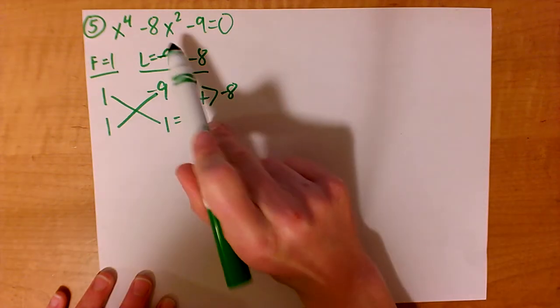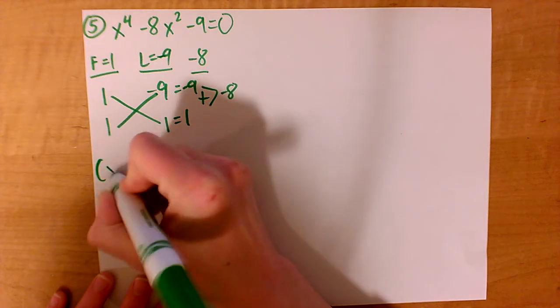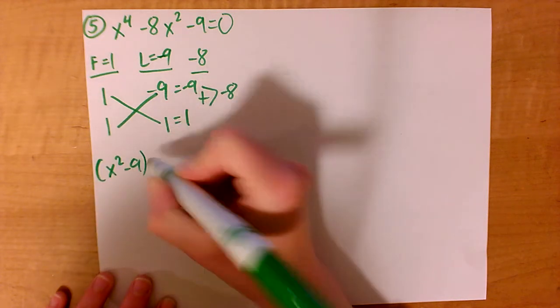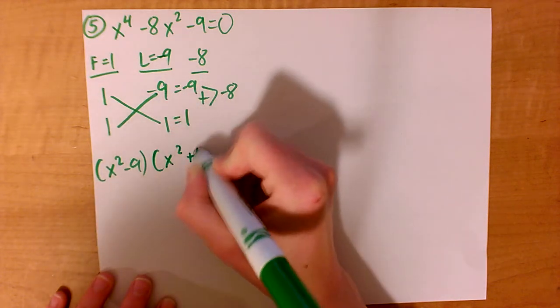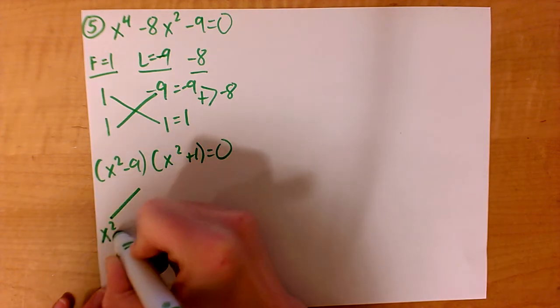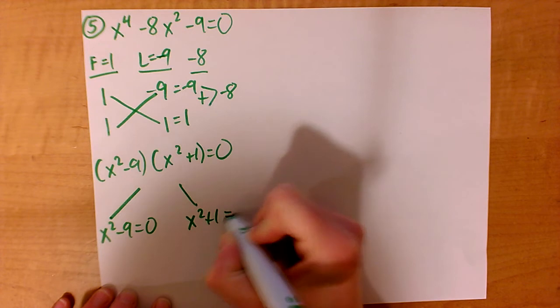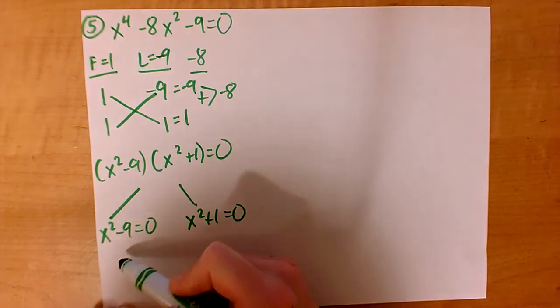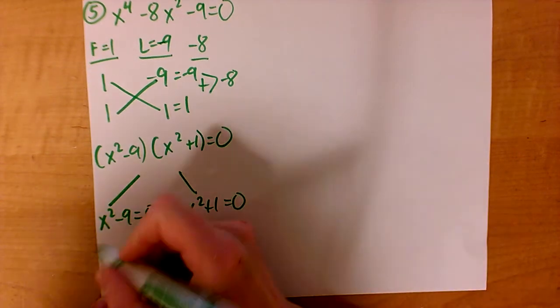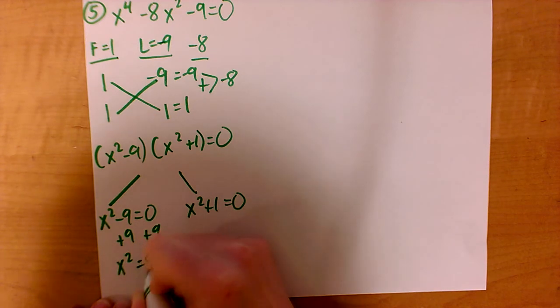Alright, so in my parentheses, again I'm going to have a variable in the exponent from the middle term. So I'll have x squared minus 9, and then x squared plus 1 is 0. So separating these, I have x squared minus 9 is 0, and x squared plus 1 is 0. Okay, so on the equation on the left side, I can add 9 to both sides, and I get x squared equals 9.